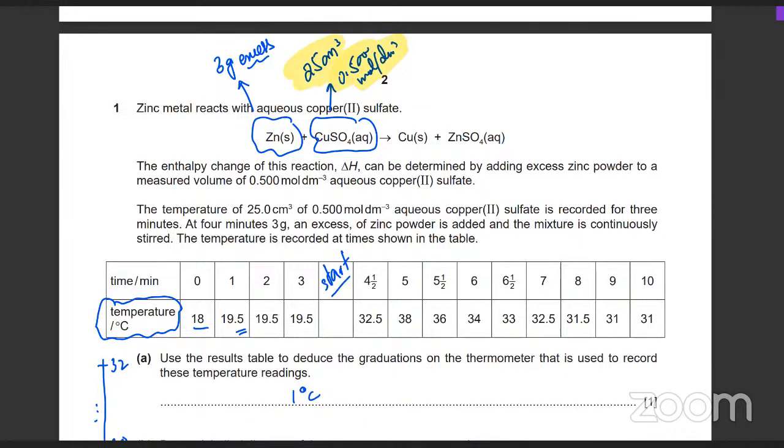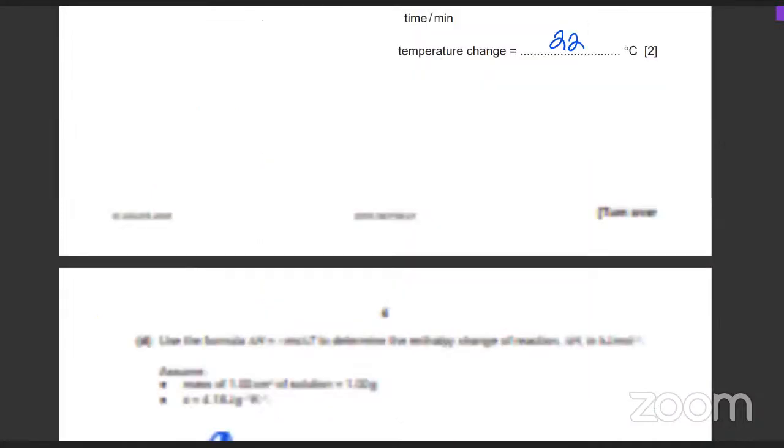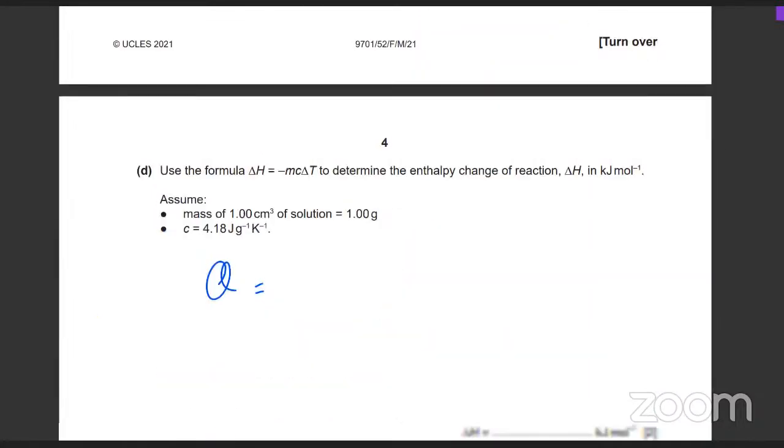So we've got 25 grams in our solution. So this is 25 grams. C is already given, that's 4.18. And the delta T was already calculated, that was 22, and it's an exothermic reaction.